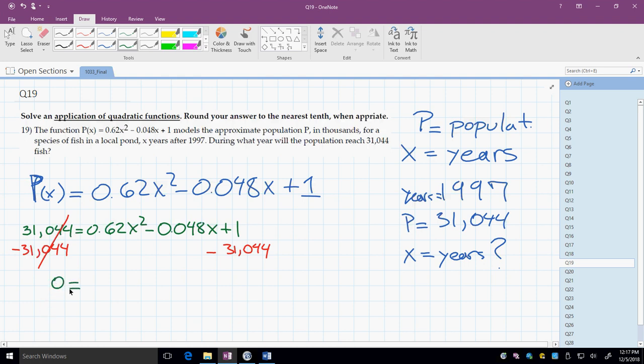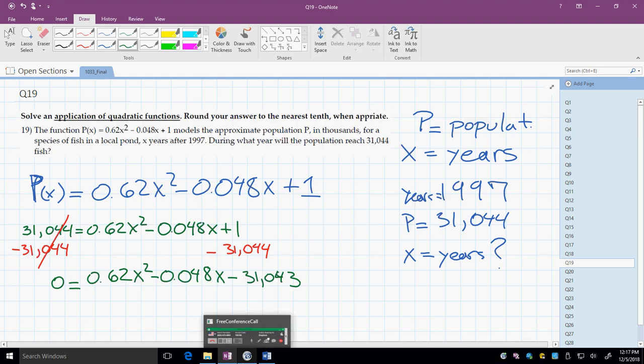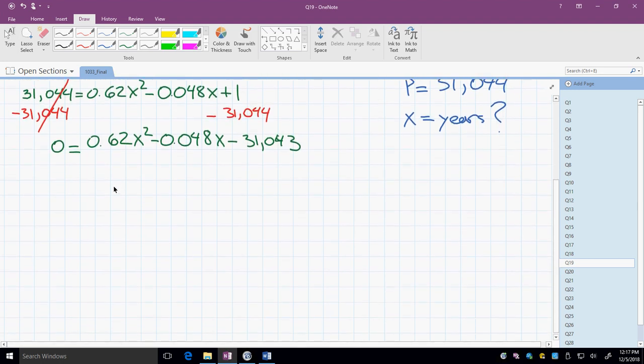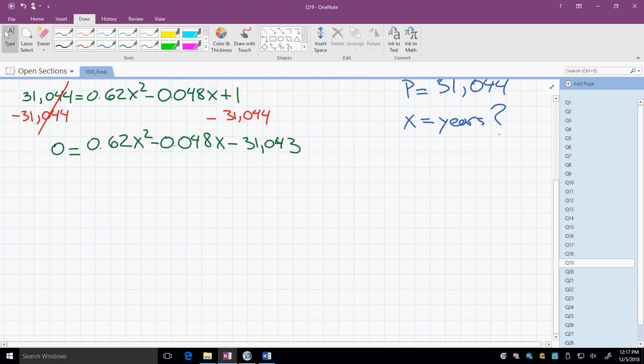Now we have 0 equals 0.62x squared minus 0.048x minus 31,043. When you see a trinomial, factoring is sometimes the thing to do, but quadratic formula is the only option for this one because we have decimals.